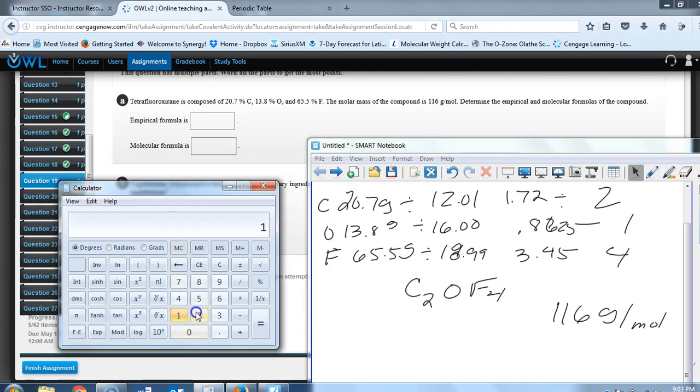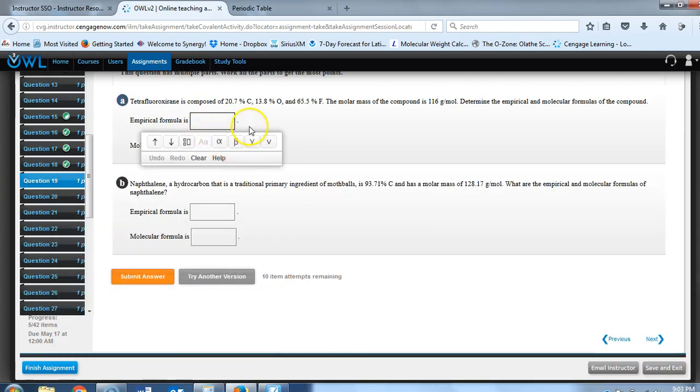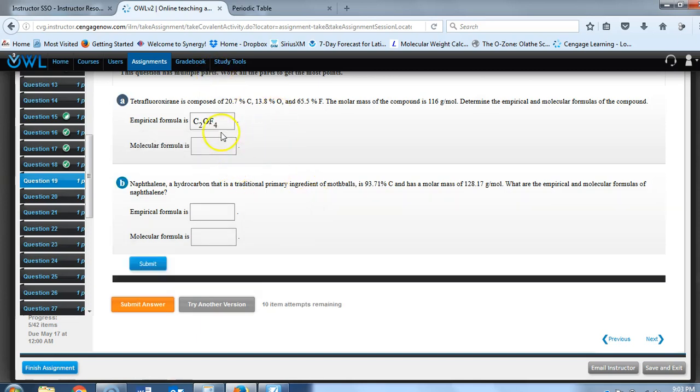We know each carbon is 12.01, the oxygen is 16, and our fluorines are 18.99 times 4, which equals 115.98. That's the same thing. So guess what? Our empirical formula and our molecular formula are the same. C2OF4.